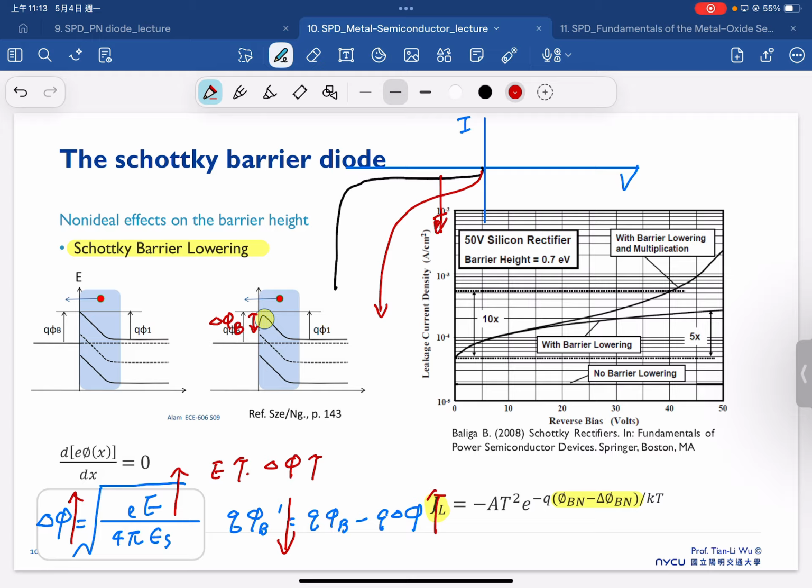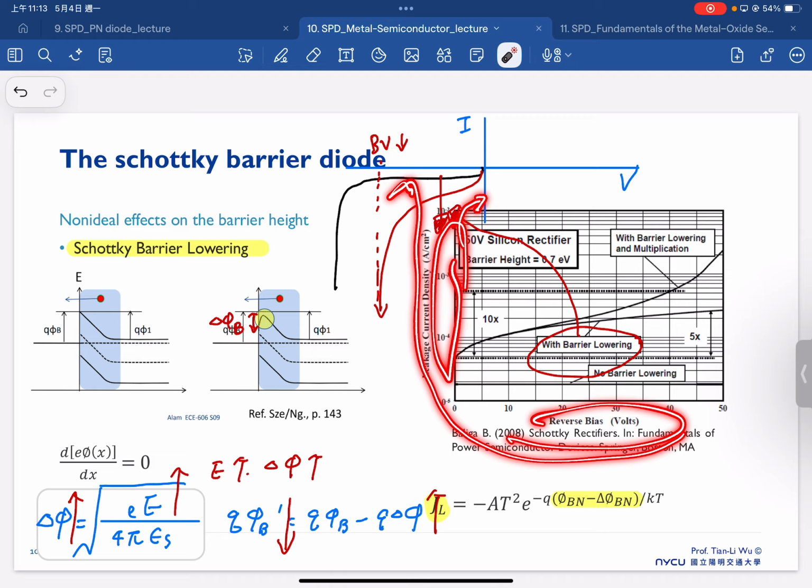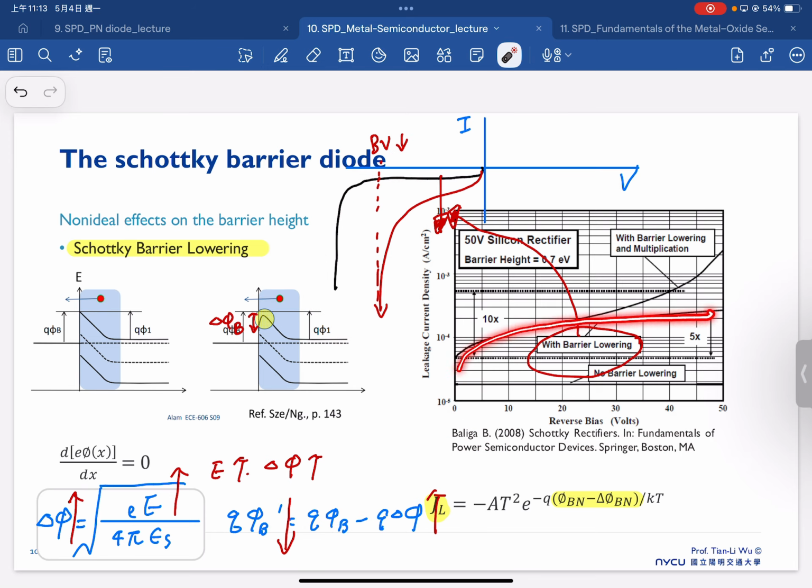This dramatic increase is because of the barrier lowering effect. And we will also see the breakdown voltage reduced. This is a reverse bias, so it's here, and this one is there, a little bit upside down for this figure, but in any case, just try to understand this characteristic. With the barrier lowering effect, we see the current increase.